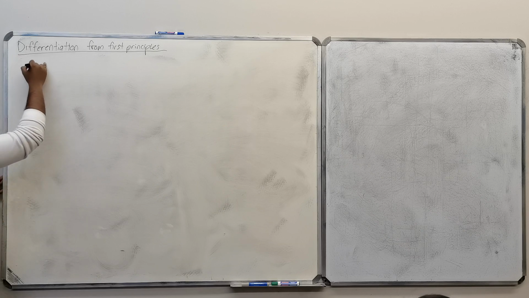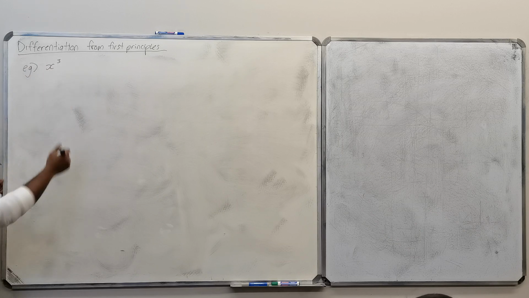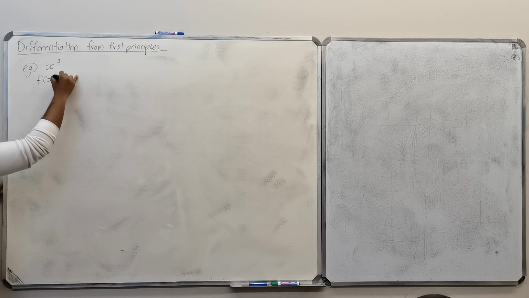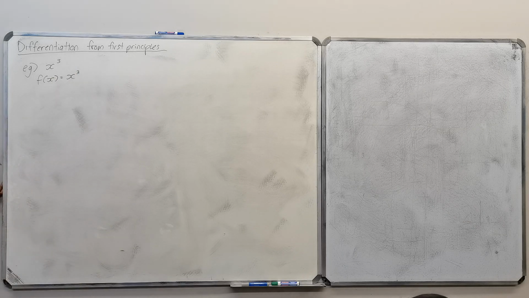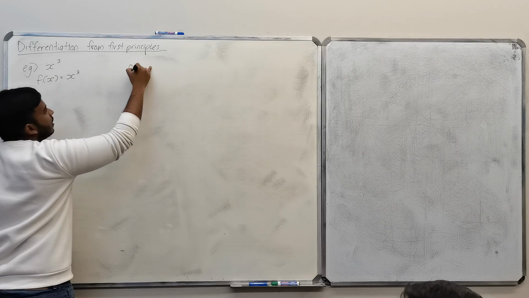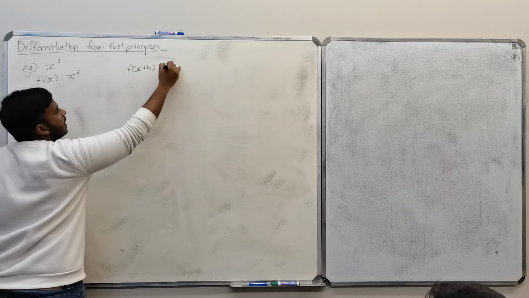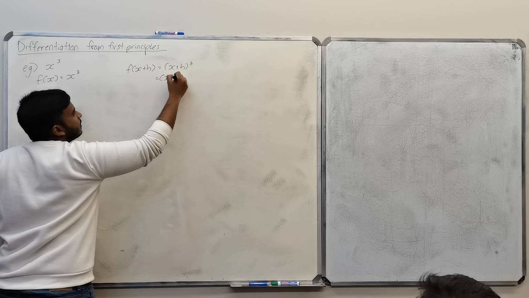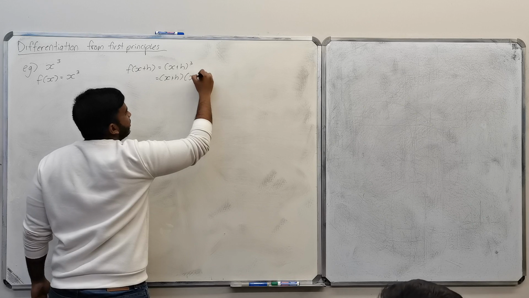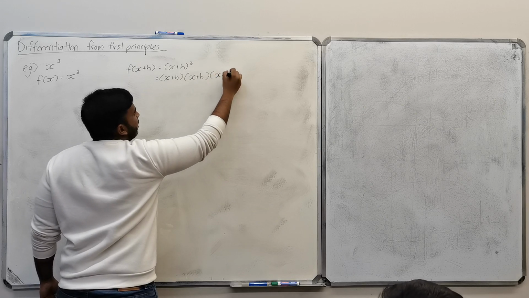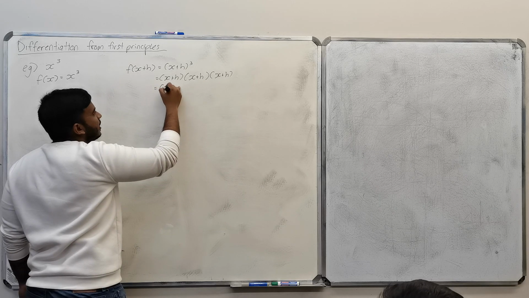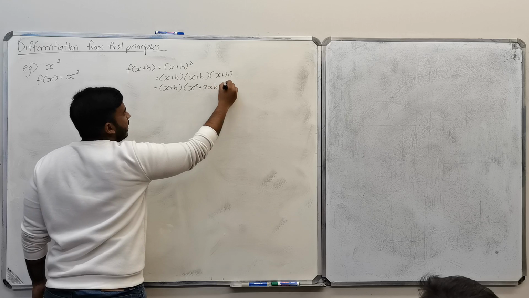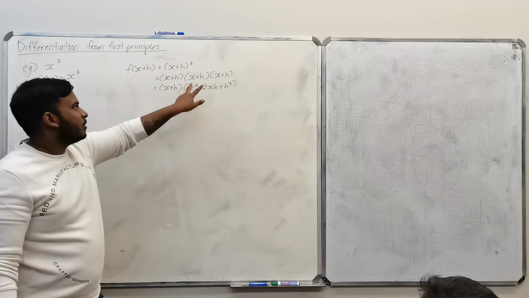So f of x is equal to x cubed, and f of x plus h is equal to x plus h cubed, which is x plus h, x plus h, x plus h. So you end up with x plus h into x squared plus 2xh plus h squared. I just multiply these two brackets out.